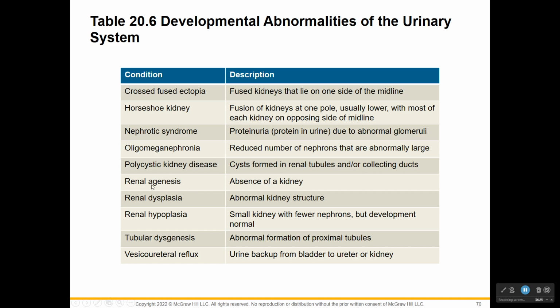Agenesis: gen means to create, and a means without, so you did not create a kidney. Dys means bad. Plasia is development, so this is bad development of a kidney. Hypo is low development, so it's a smaller kidney. Bad creation, an abnormal kidney or abnormal tubules.